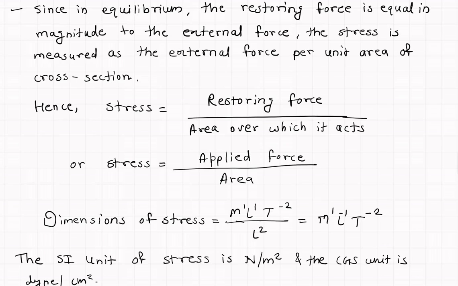Hence, stress is equal to restoring force divided by the area over which it acts, or stress is equal to applied force divided by area. The dimension of stress is M^1 L^-1 T^-2. The SI unit of stress is Newton per meter square and the CGS unit is Dyne per centimeter square.